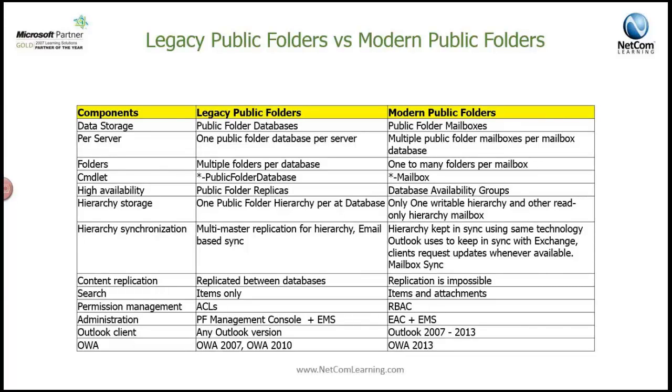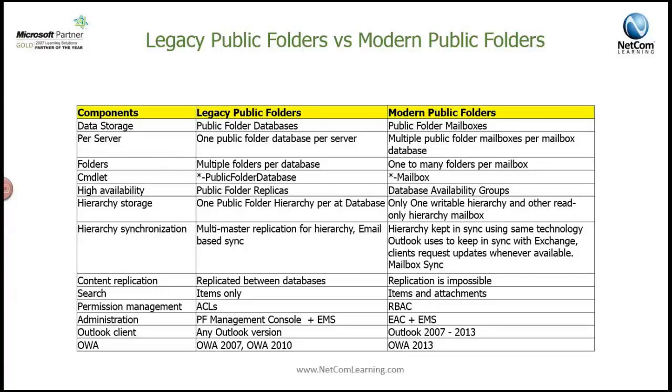Okay, search. The search has improved. In legacy we had items only, so we could only search the items in the public folders. Now we can also search the attachments. All right. Permissions management.